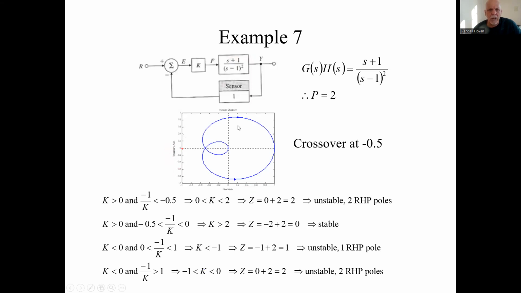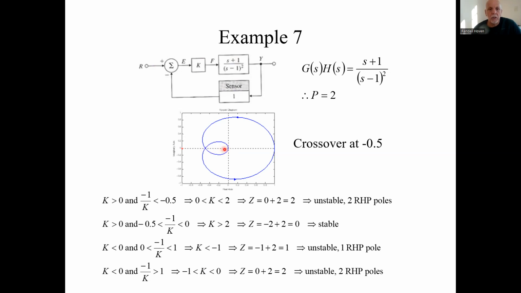MATLAB gives me this plot. This is counterclockwise, followed around. That's another, right here is another counterclockwise loop. So I have 1, 2, 3, 4 sections of the real line to analyze. To the left of here, n equals 0.